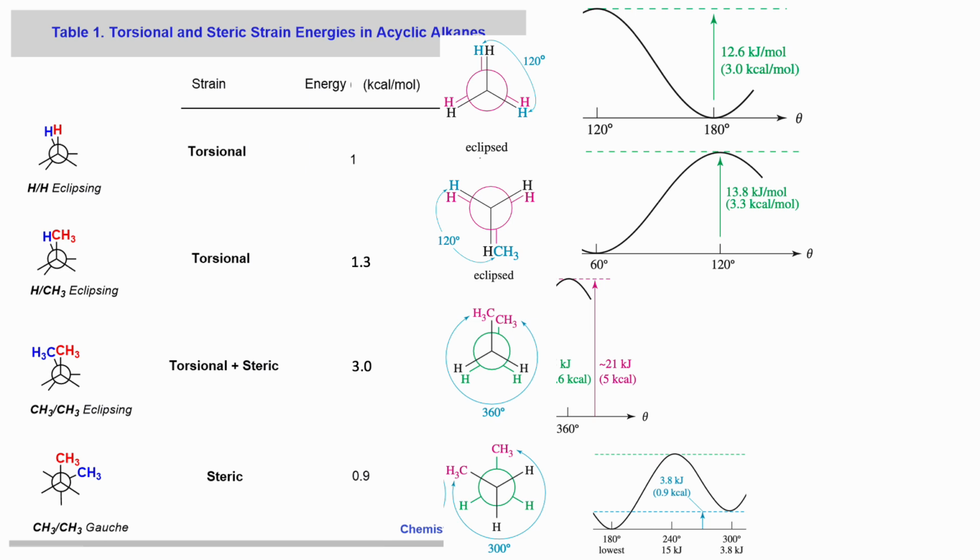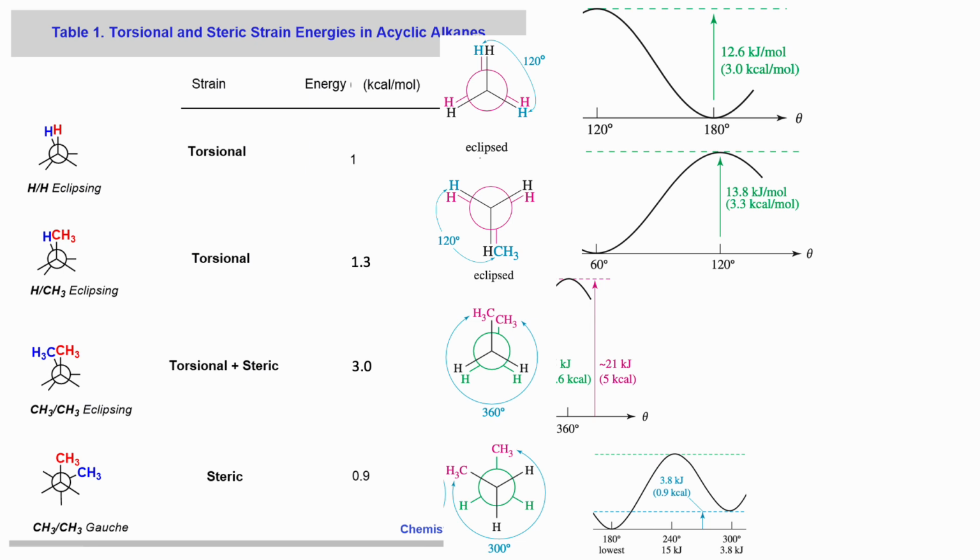So on the right, when we see the all-eclipsed conformation of ethane that has 3 HH eclipsed interactions, the total relative energy difference between all staggered and all eclipsed is 3 kcal per mole. There are 3 destabilizing interactions, and each of them is worth 1 kcal per mole.